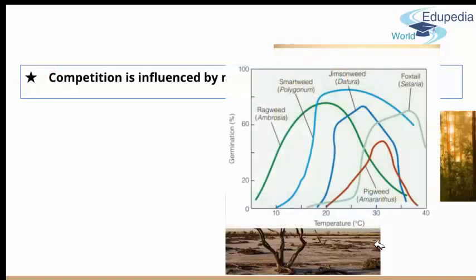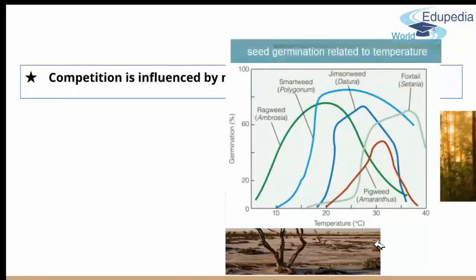In this picture, for example, you can notice a pattern of seed germination of five annual plant species along a gradient of temperature. See this germination percentage, and this is the temperature. You can see different species and how their germination is turned on by different temperatures.